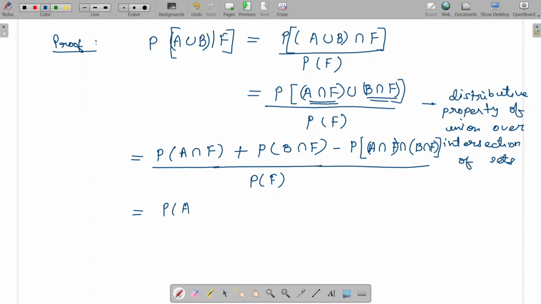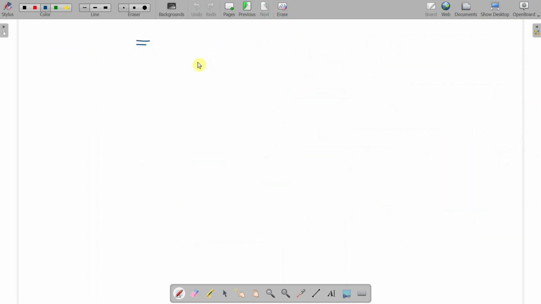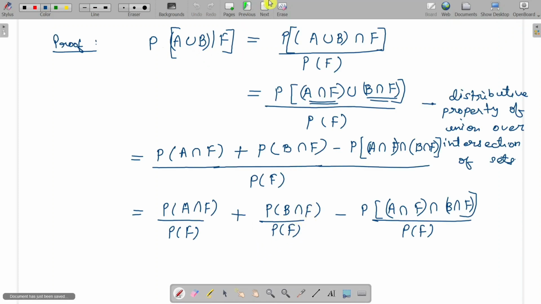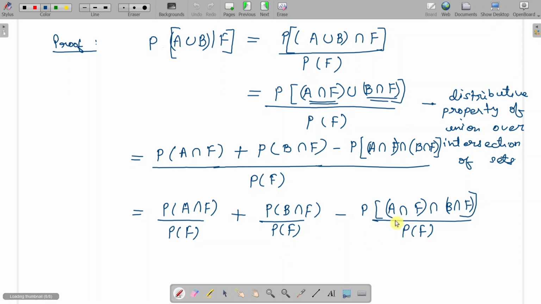So probability of A intersection F divided by P of F, plus P of B intersection F divided by P of F, minus probability of (A intersection F) intersection (B intersection F) divided by P of F. Okay, so now if you look at this, it is the definition of P of A such that F has occurred, plus probability of B such that F has occurred, minus, now if you look at this, we can write this as what?